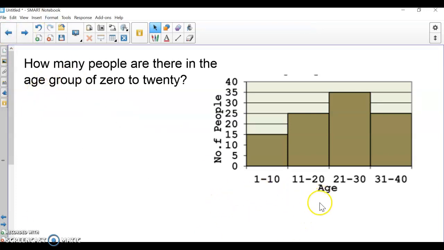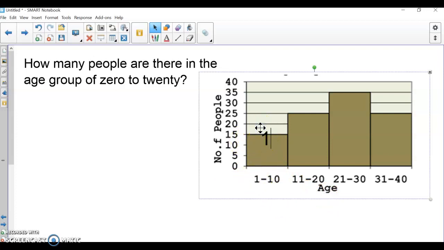Here's the last practice one that we're doing together. How many students are there in the age group of 0 to 20? Here is a histogram. So let's go in and label the numbers. For the age range from 1 to 10, it is 15. So let's label this 15.